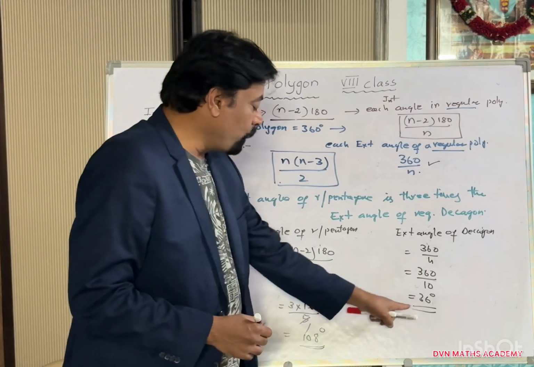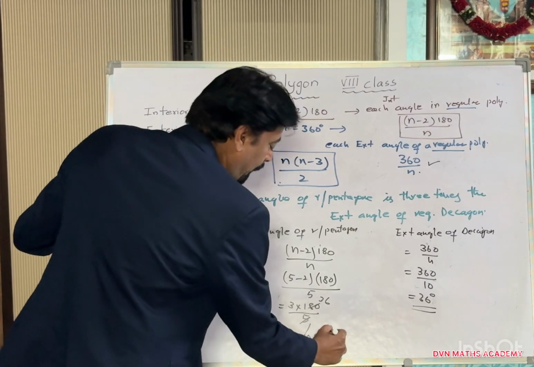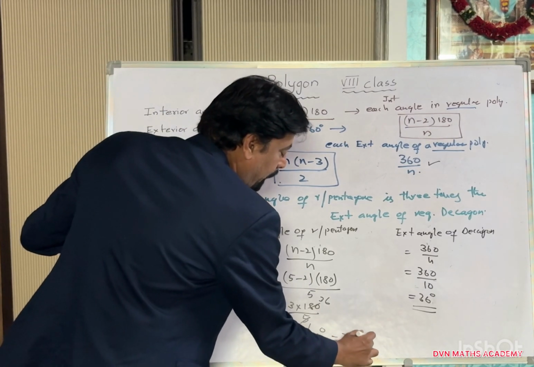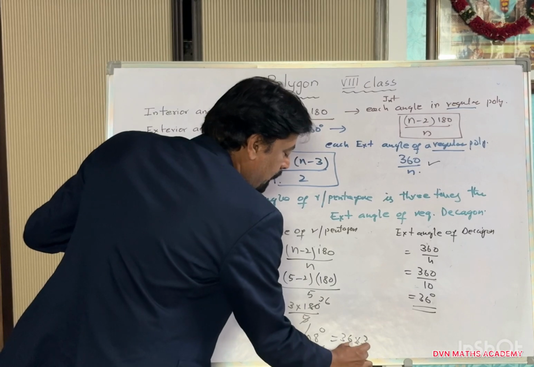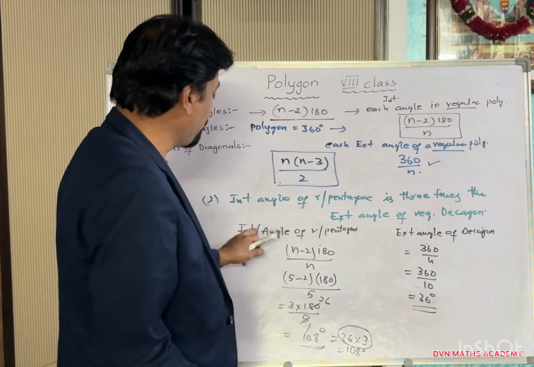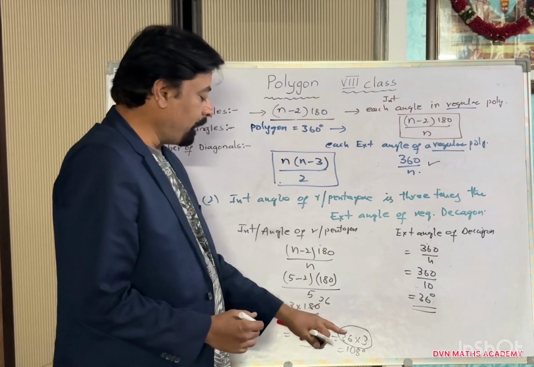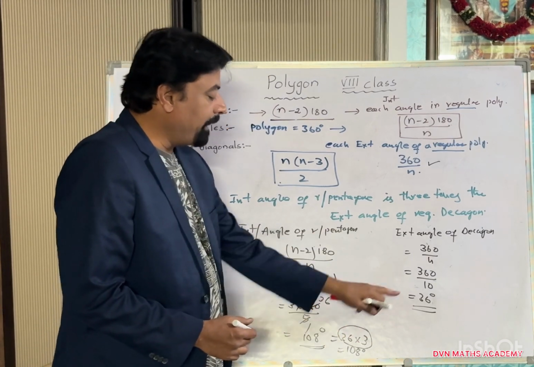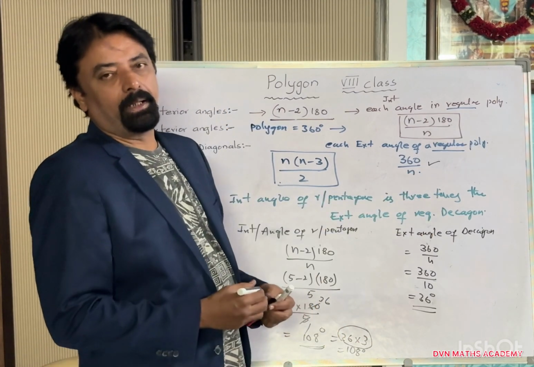By seeing these two values, you can say 108 I can write as 36 into 3. So that is equal to 108. So this is 3 times of 36. I mean the interior angle of a pentagon is 3 times the exterior angle of a decagon.